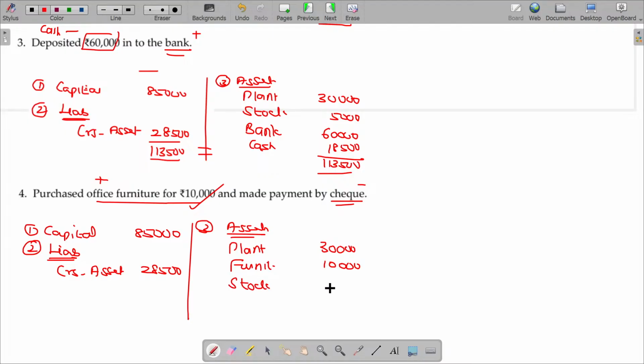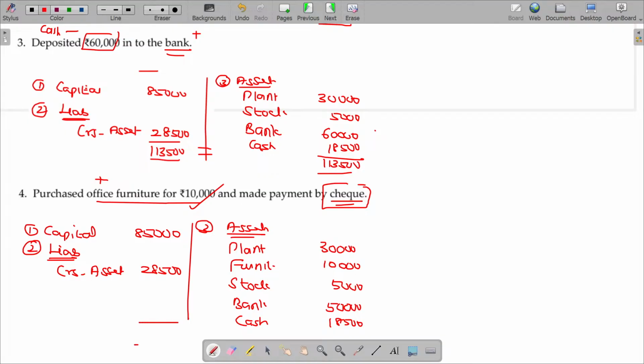I don't have any adjustments in this. And bank gets affected, right? Originally we have 60,000. Because of this purchase, I made a payment by way of a bank check, so it reduces the bank balance. Now the bank balance is only 50,000 and cash remains as it is, 18,500. Is that clear?